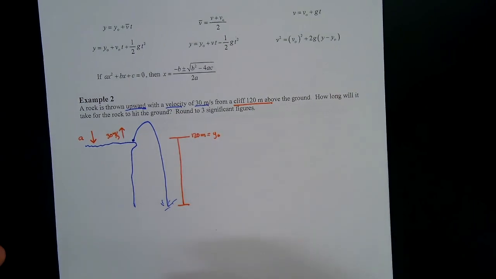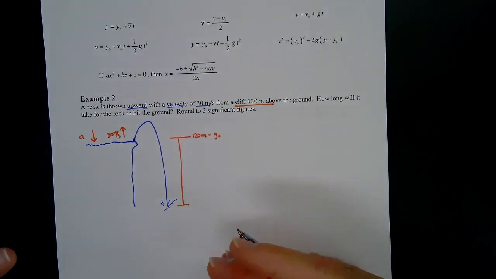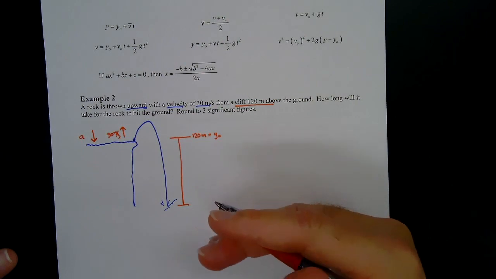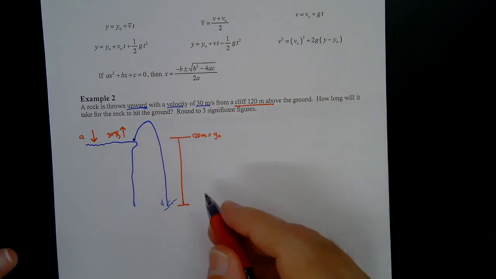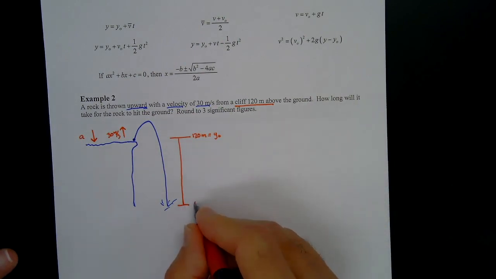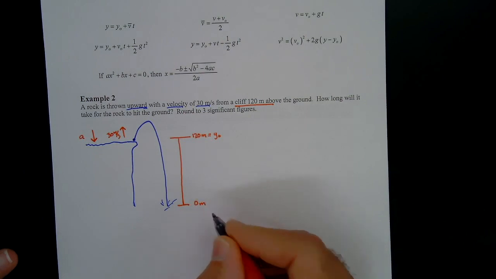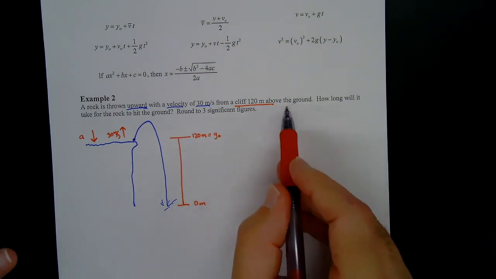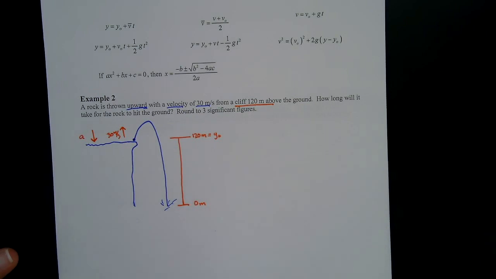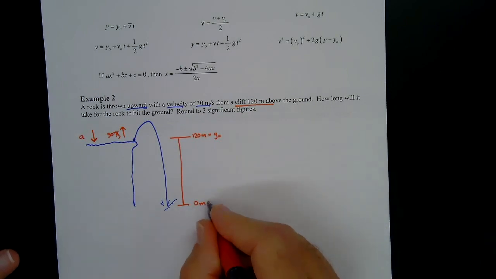I'm starting at a height of 120 meters. That would mean the ground down here is 0 meters, and that's where I want it to land. So that's going to be the ending position. My ending position is going to be 0 meters.